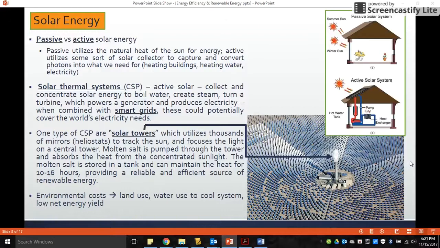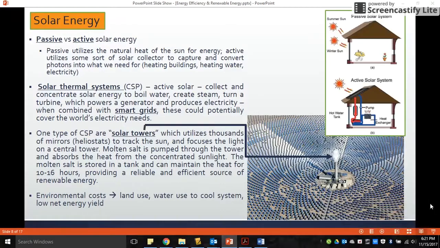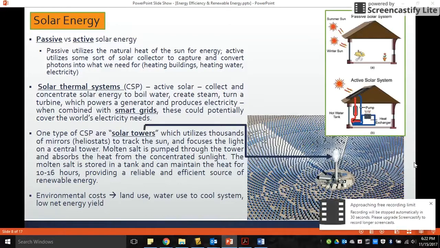And unfortunately, it does have a low net energy yield, but it is utilized quite often in desert areas where you may not have a lot of urbanization, but then you do need that water, so you're tapping into a groundwater source that's not there already.